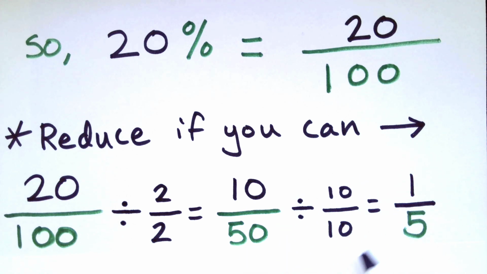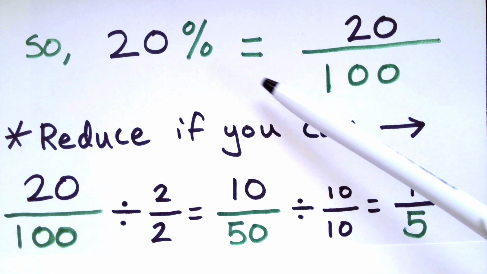So I can divide 10 evenly into top and bottom. 10 divided by 10 is 1. 50 divided by 10 is 5. You could have divided by 2 into top and bottom and just kept dividing. But I know that 10 will go evenly without a remainder into top and bottom. That gives me 1/5.